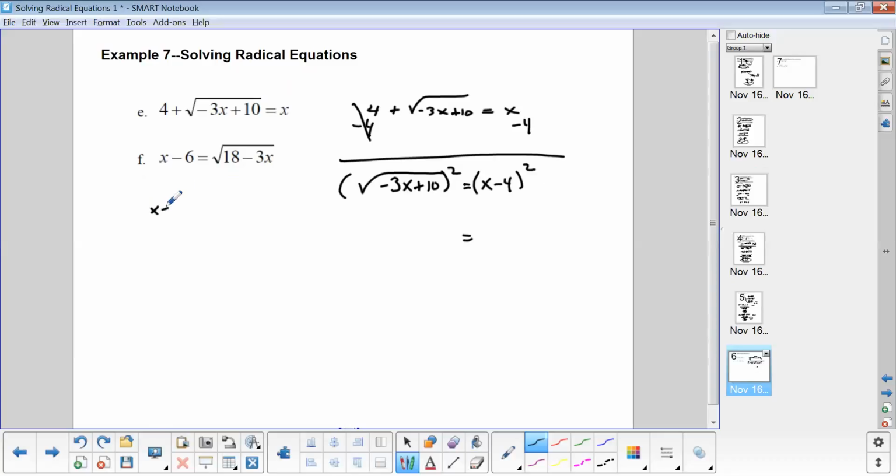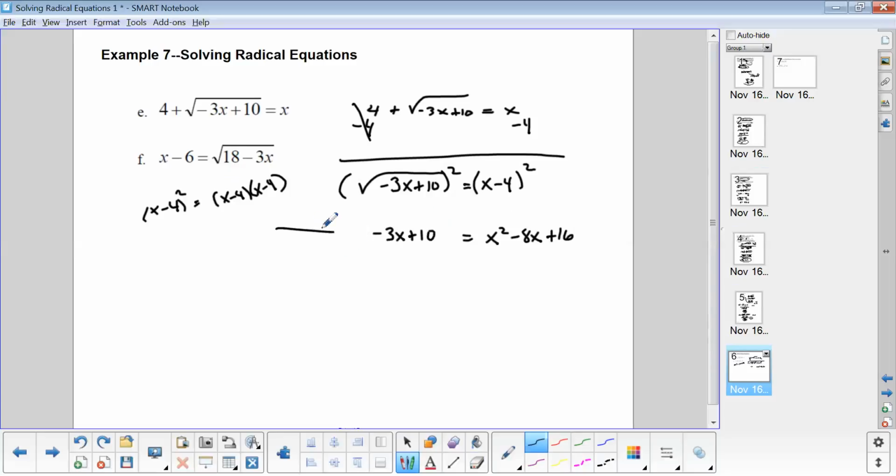Remember that x minus 4 quantity squared is x minus 4 times x minus 4. So that's going to give me x squared minus 8x plus 16 is equal to negative 3x plus 10.